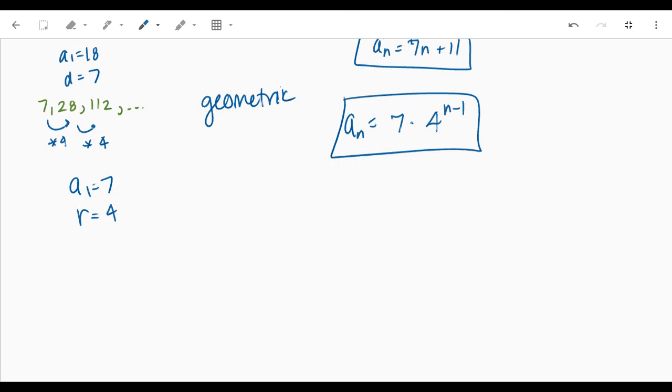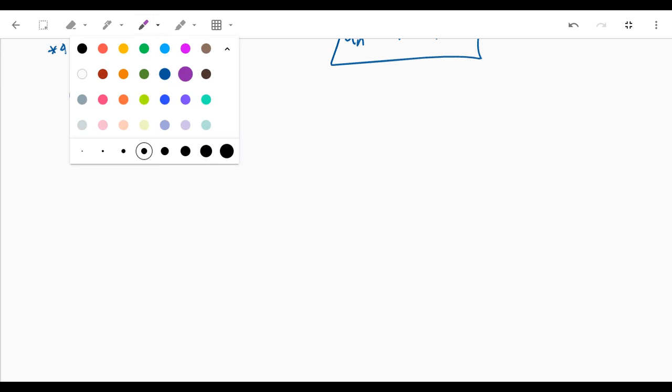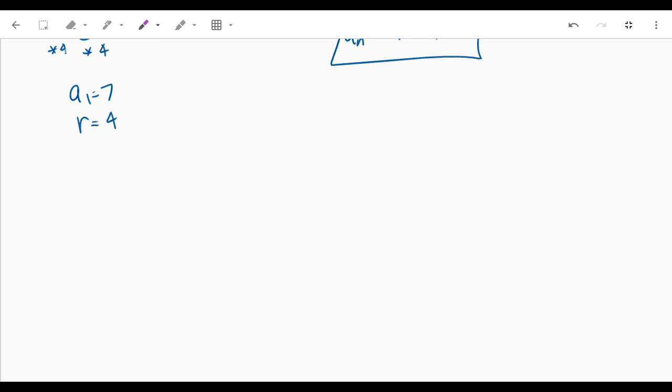All right, next one. We're almost done here. We want to do the sum of the first n terms of a geometric series.